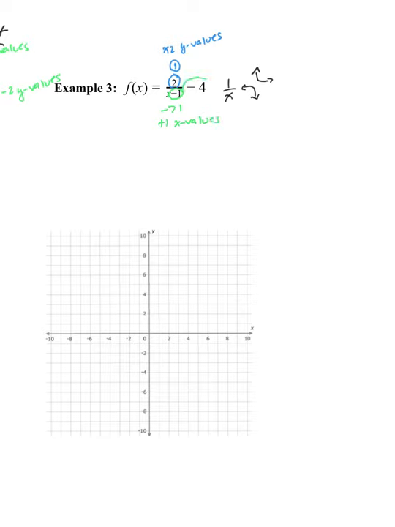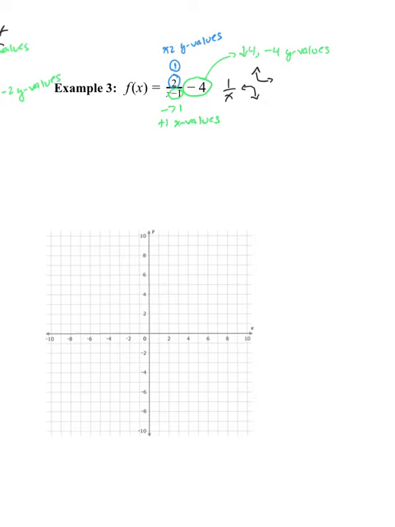I also see this negative 4 hanging out outside on the back end. This is a vertical shift. This guy is going down 4 units, which means I'm going to subtract 4 from my y values. Okay, so I've identified all of my transformations.